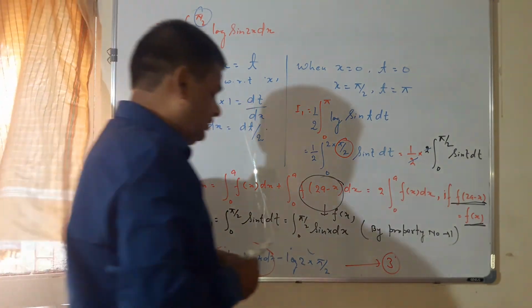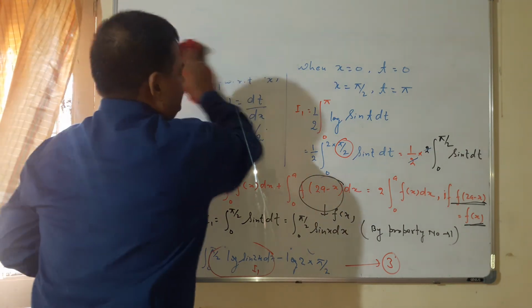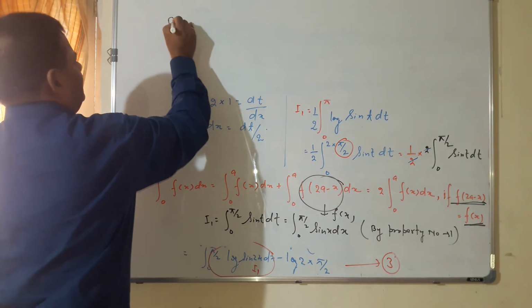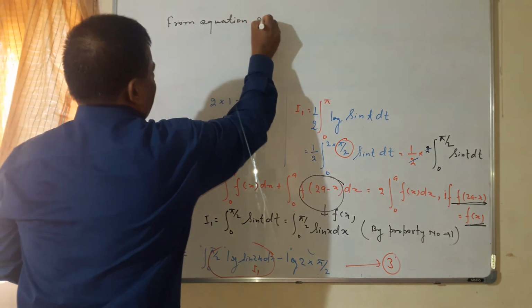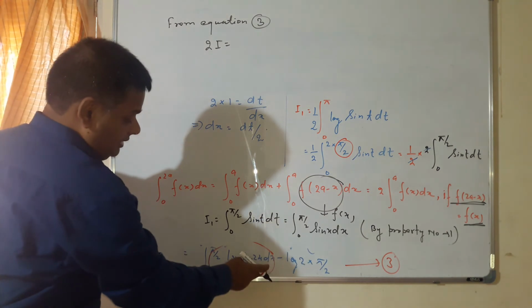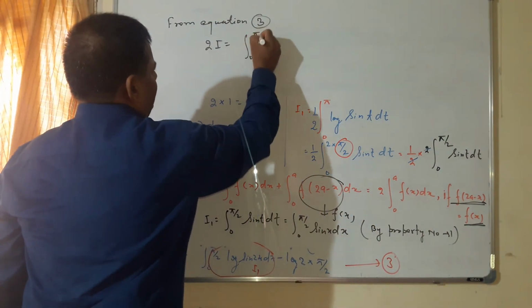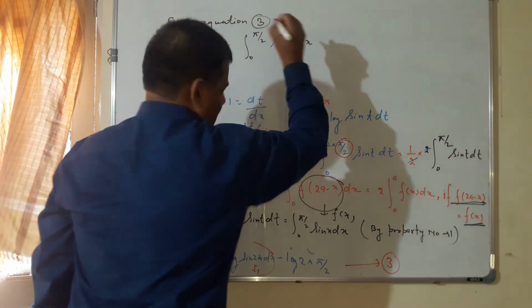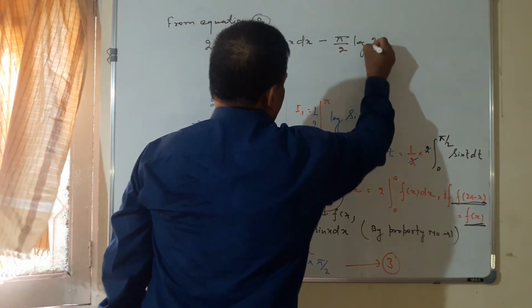Now from equation 3, 2I is equal to I1 minus pi by 2 log 2.